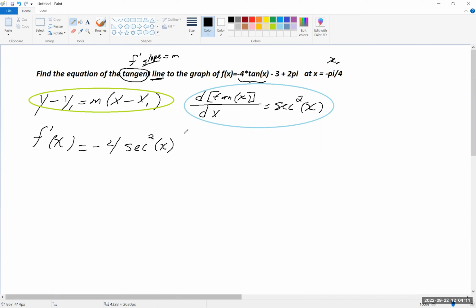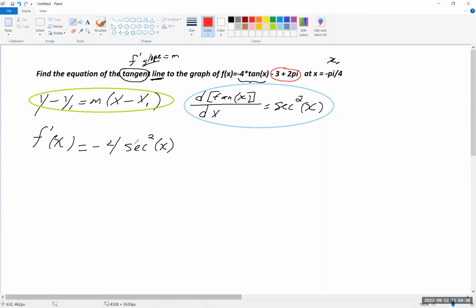And then, in fact, all these colors aren't confusing, but this is a constant number. So the derivative of a constant is 0. So I'm done with the derivative.